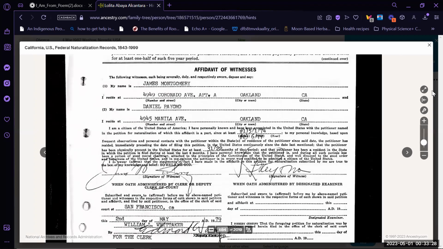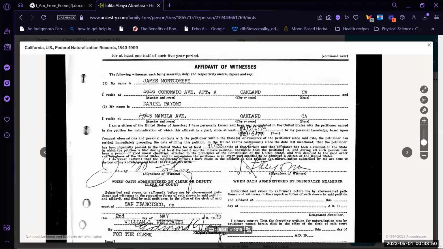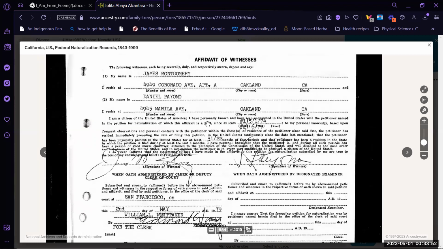For naturalization papers, you need a witness. It's called an affidavit of witness. I don't know if I'm saying that right. My grandfather is her witness, James Montgomery. He lives in the same place as her. She has a second witness, and I think it's either her cousin or just a really close friend, and his name is Daniel Payomo.